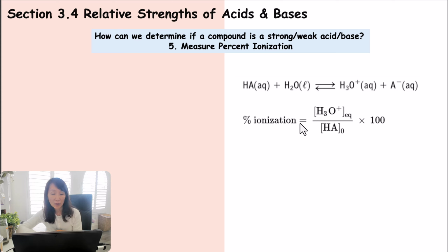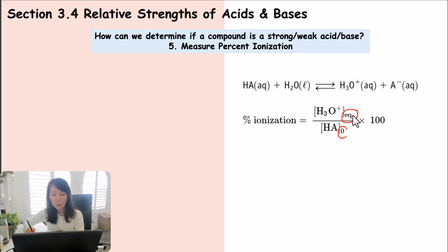What is its equation? Well, percent ionization is equal to the concentration of the hydronium ion at equilibrium. Okay, so that's the important part. It is at equilibrium, and it is over the concentration of the acid it started off with initially.